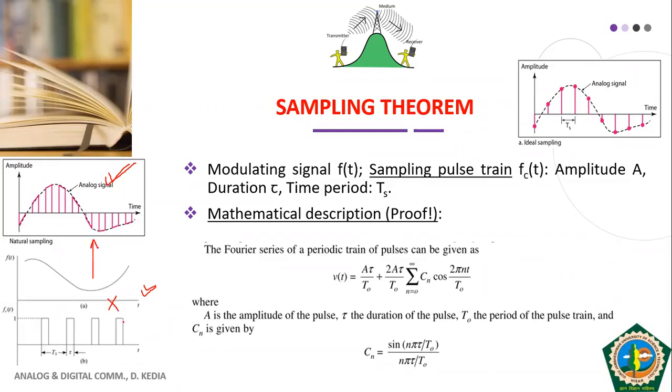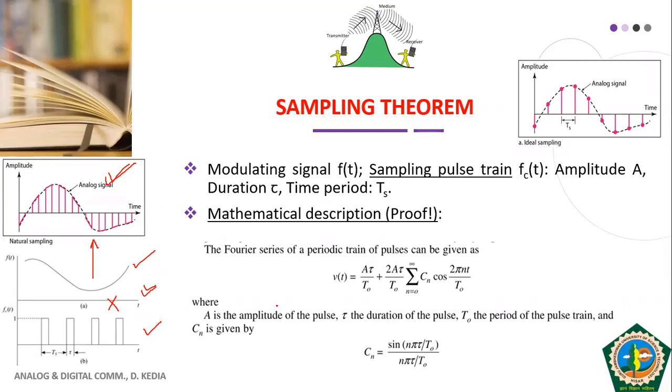So mathematically, I'll represent my modulating signal, I'll represent my train of pulses, I'll multiply them and then I'll see the spectrum of that. And if I'm able to recover my original signal back out of that sampled signal spectrum, then I can say that my sampling theorem is proved.